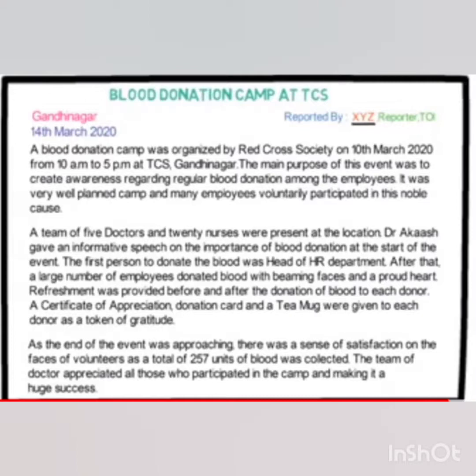The first person to donate blood was the head of the HR department. After that, a large number of employees donated blood with beaming faces and a proud heart. Refreshment was provided before and after the donation of blood to each donor. A certificate of appreciation, donation card and a tea mug were given to each donor as a token of gratitude.